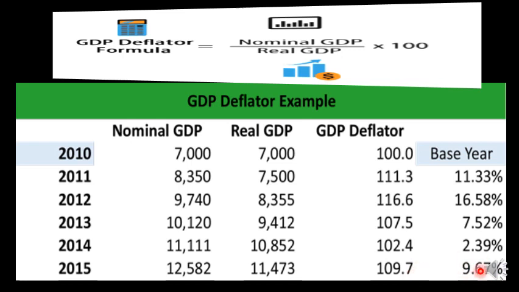So this 9.67% or 9.7%, there is an increase in prices. So the nominal value is higher than the real value for the same level of output in the same year because of the approximately 9.7% change in prices, I'm rounding off.